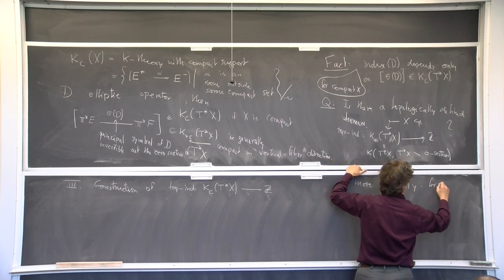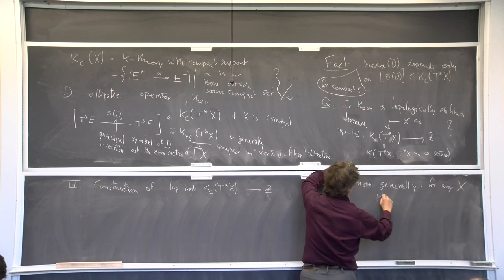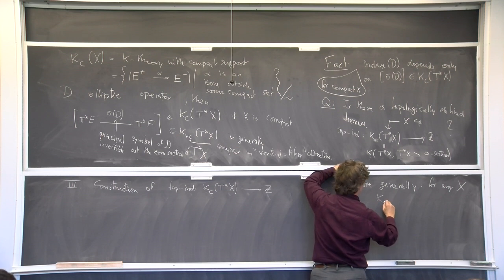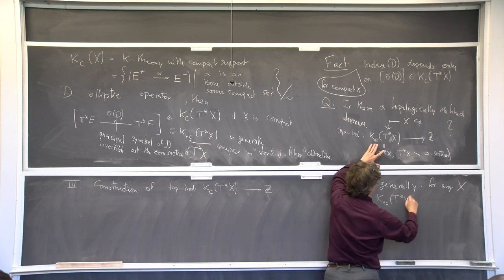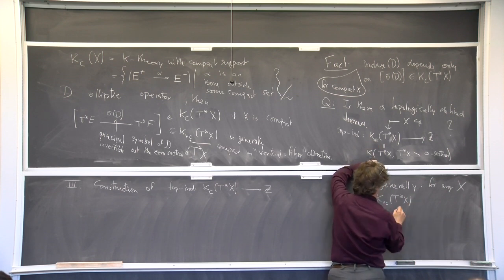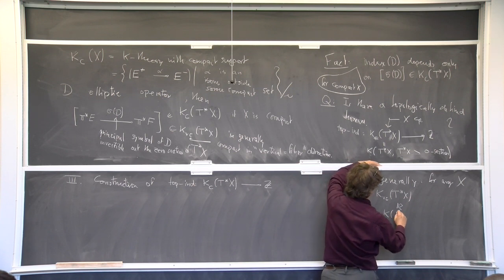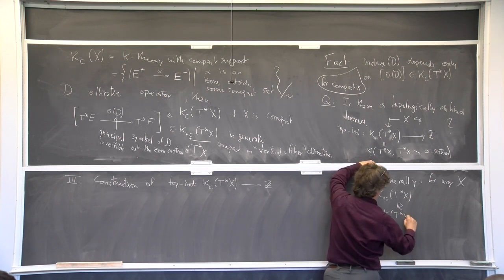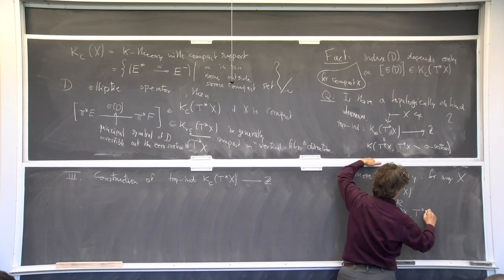For any X, compact or not, we can identify the vertically compact version of the cotangent bundle with the K-theory of the total space relative to the complement of the zero section.